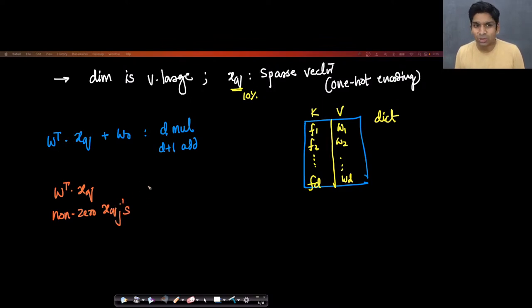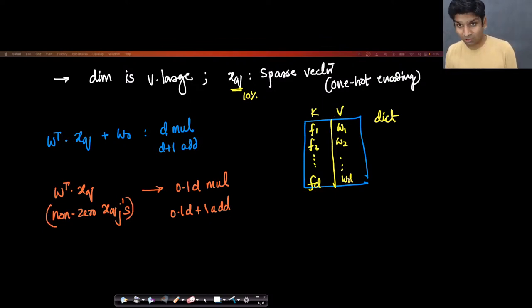Do this multiplication only for those. Then if typically your vector has 10% density, you have 0.1 D multiplications and 0.1 D plus 1 additions. And this is almost 10x. So this sort of hack, wherein instead of directly doing the dot product, you do the dot product only on non-zero values, because it's not that the weights are zero, it's that the input vector is sparse.